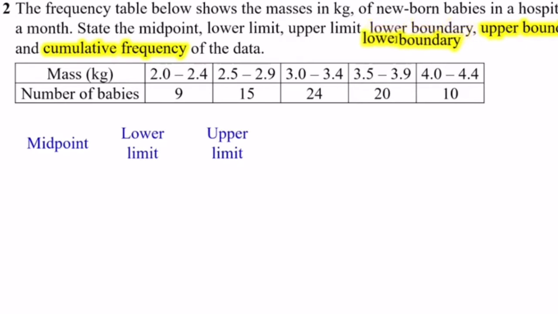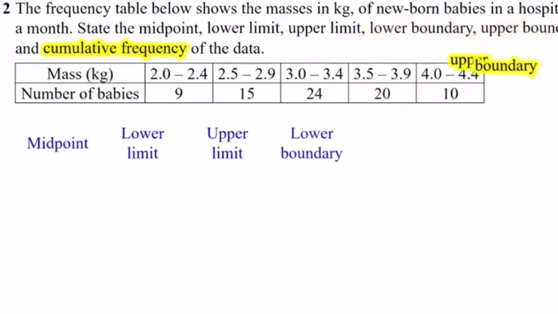First of all, we need to find a midpoint, lower limit, upper limit, lower boundary, followed by upper boundary, and then from the frequency, we will accumulate the frequency so that you will get the cumulative frequency.